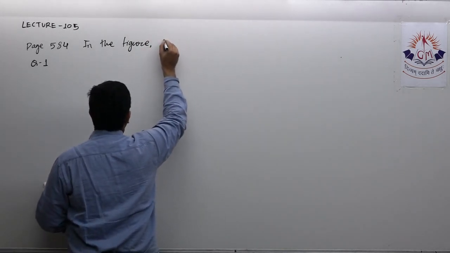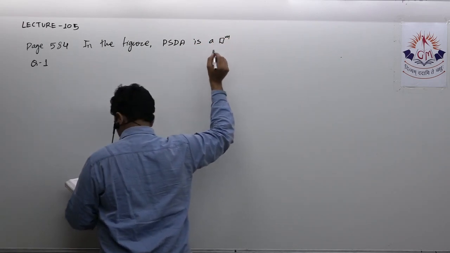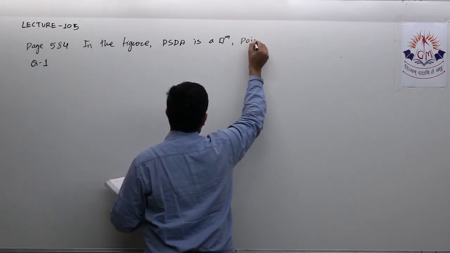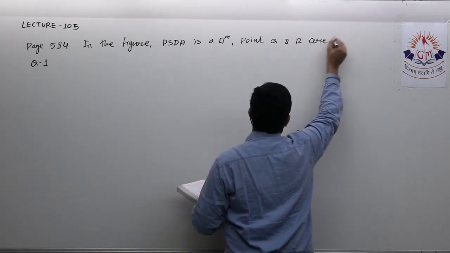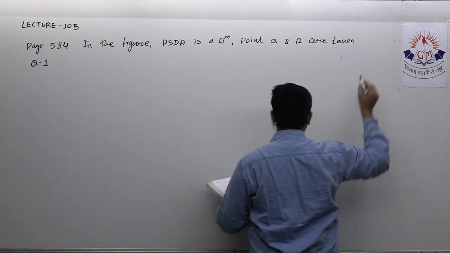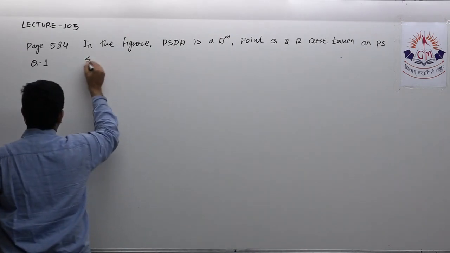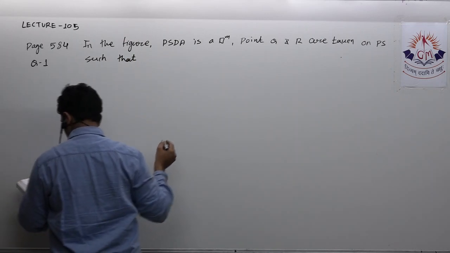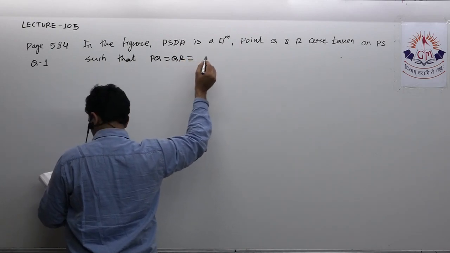In the given figure, PSDA is a parallelogram. Points Q and R are taken on PS such that PQ is equal to QR is equal to RS.